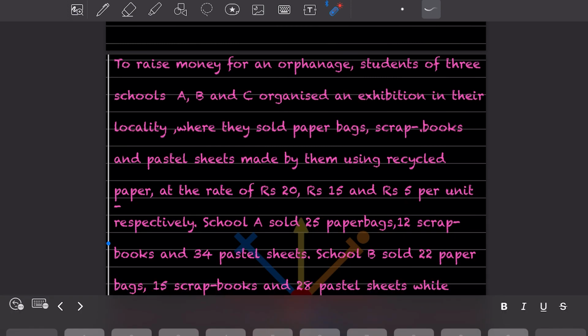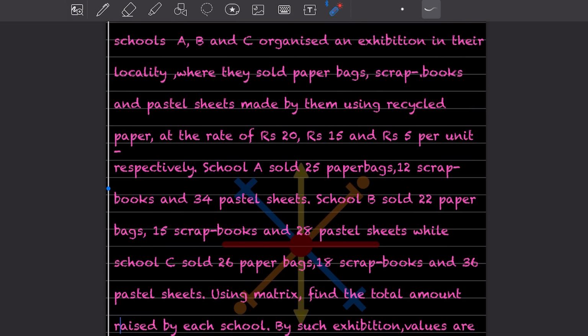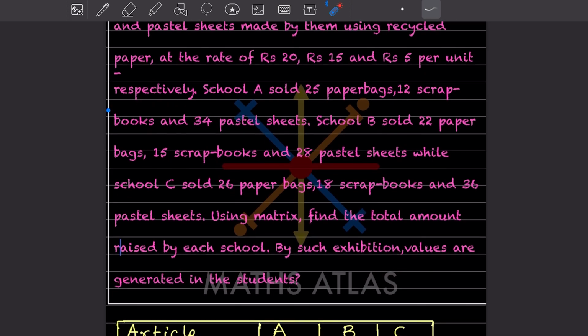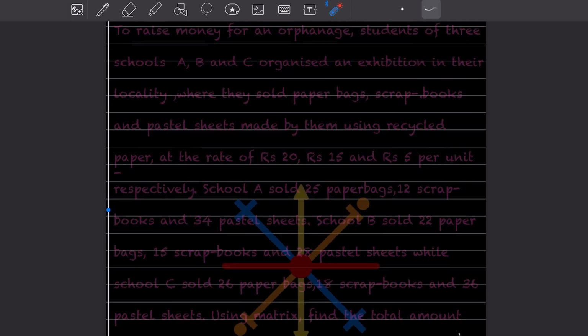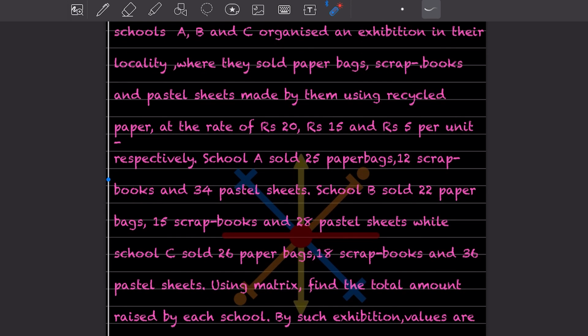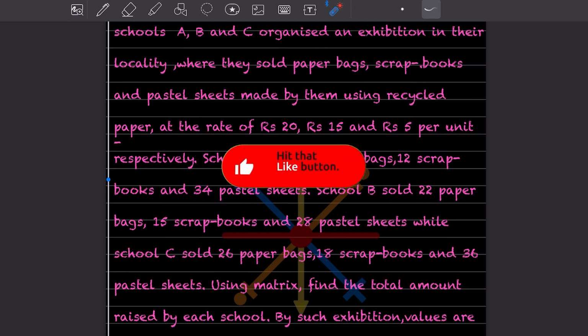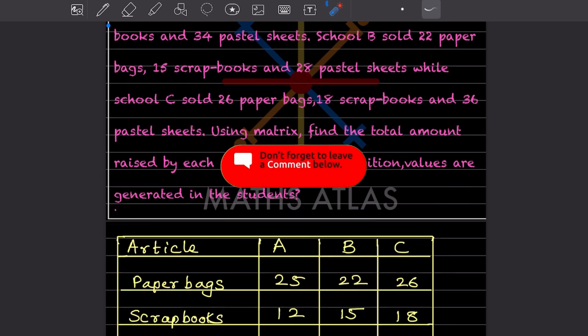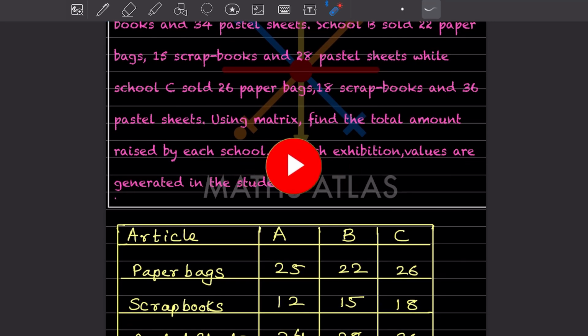So here, school A sold 25 paper bags, 12 scrapbooks and 34 pastel sheets. School B sold 22 paper bags, 15 scrapbooks and 28 pastel sheets, while school C sold 26 paper bags, 18 scrapbooks and 36 pastel sheets. Using matrices, find the total amount raised by each school by each exhibition.